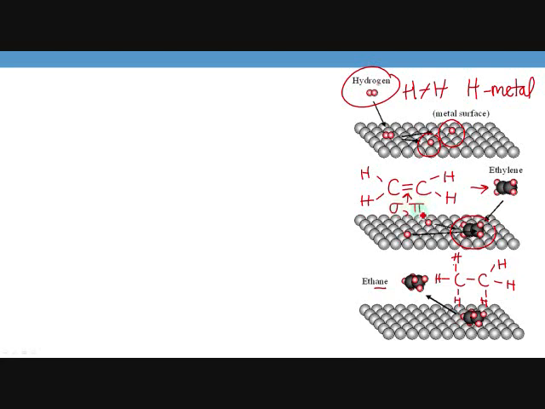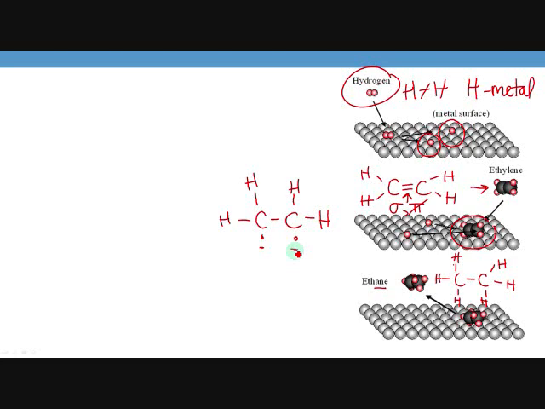So the pi bond breaks, which means there's now only a single bond between the 2 carbons, and there are lone electrons on each carbon. When you break that pi bond, where these lone electrons are creates bonding to the metal surface.